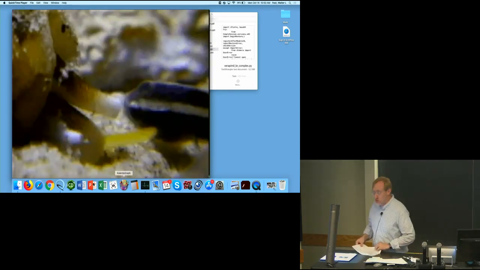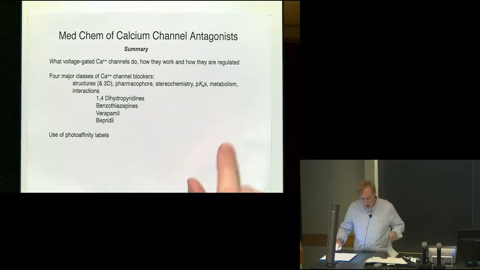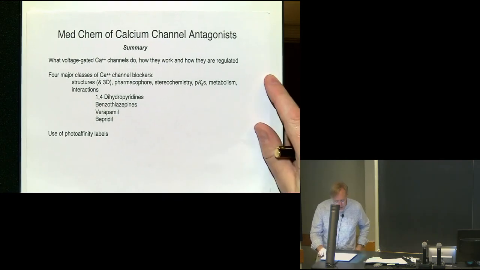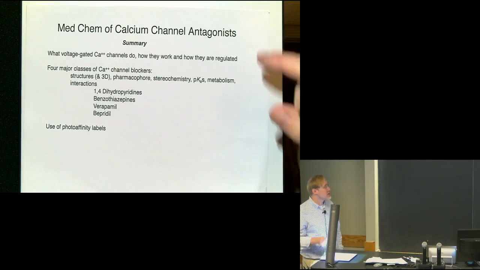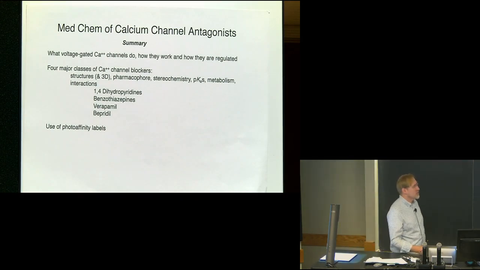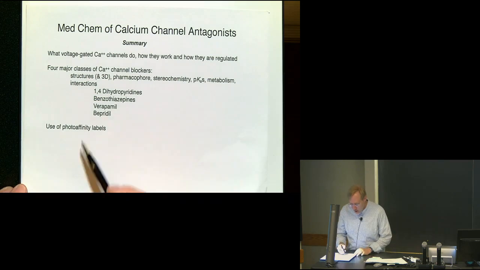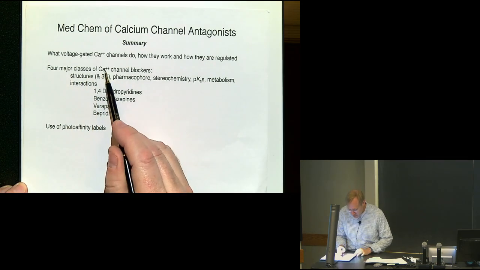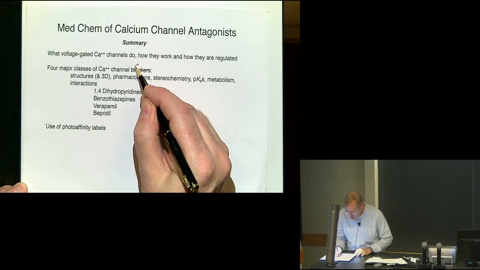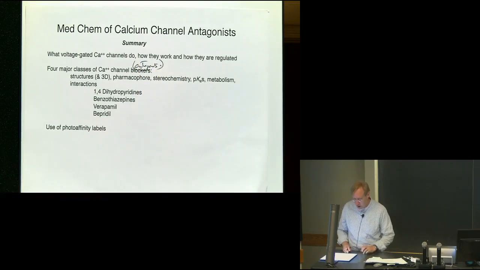All right, so let's finish up. Here are my take-home points, the summary. I'll look at this when I write test questions. What do the voltage-gated calcium ion channels do? How do they work? How do they get regulated? There are 4 major classes of these calcium channel antagonists, or blockers, whichever you prefer.